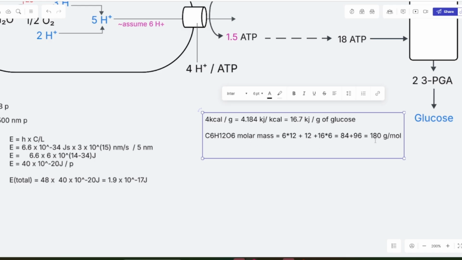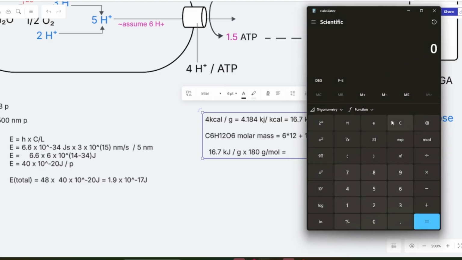Now we need to calculate the energy per mole, right? Energy per mole. So we know that we have 16.7 kilojoules per gram. We want that kilojoules on the numerator, so we put that first. And we want mole on the denominator, so we're going to put that here. And that should give us, the grams should cancel out, so that'll give us kilojoules per mole of glucose. Let's pull up the calculator.